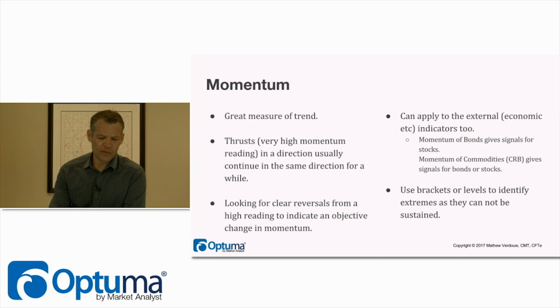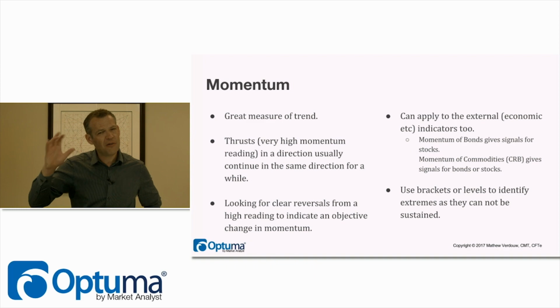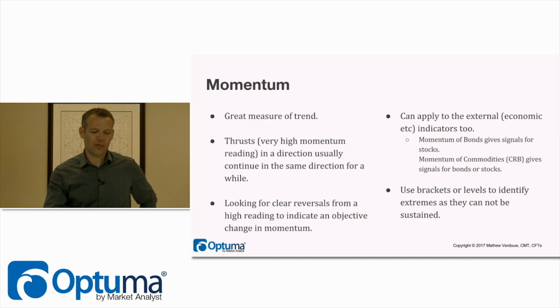Momentum of bonds gives good signals for stocks. Momentum of commodities gives good signals for bonds and stocks. And talking more about the intermarket process as well. So using brackets like envelopes or bands to help identify extremes as well.